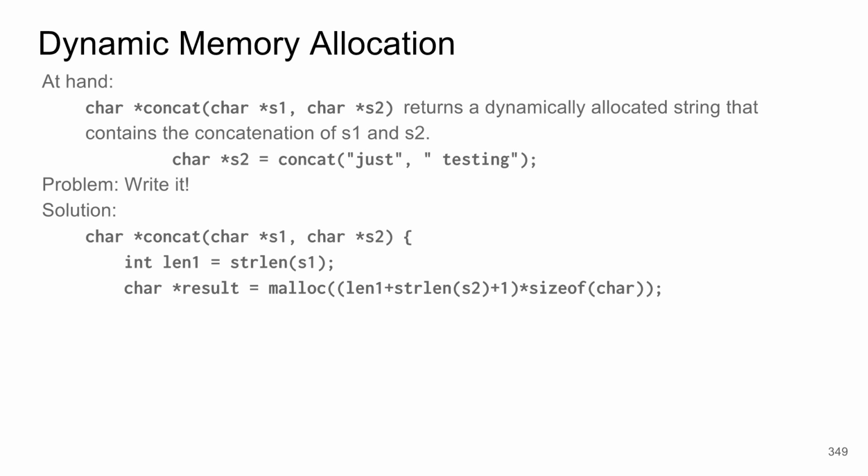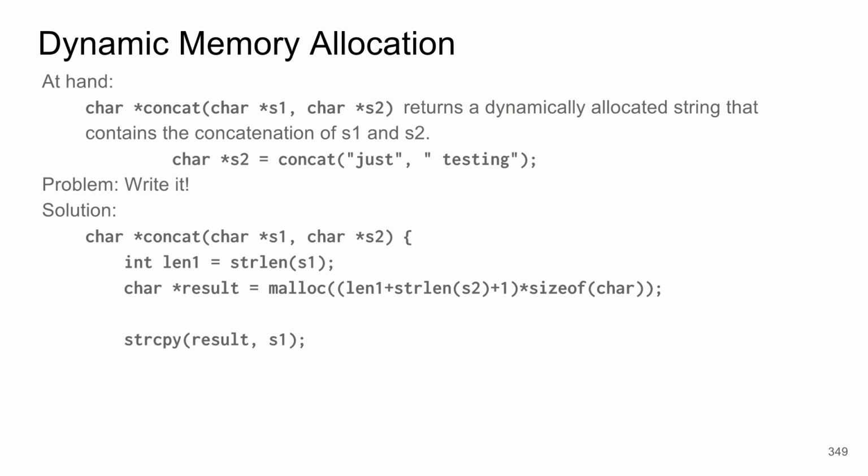So right here, I get a pointer to the start of the allocated memory, and we're allocating the length of the first string plus the length of the second string. Don't ask me why I didn't get 2 separate variables for them. I just wrote it like I did. Plus 1 for that terminating null character, right? And then multiplied by the size of a character. So now we have our memory that we know will fit those 2 strings, right?